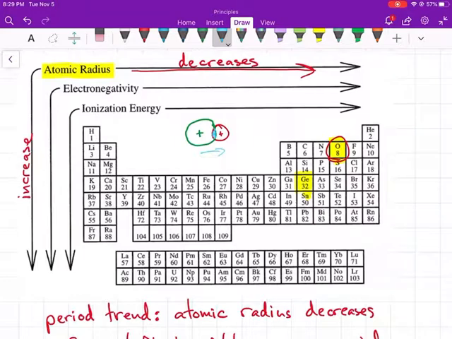To finish out our trends here, electronegativity and ionization energy both follow the same trend. They increase as we move to the right. They both do that. And they decrease as you move down the group. So they're the exact opposite of the atomic radius.